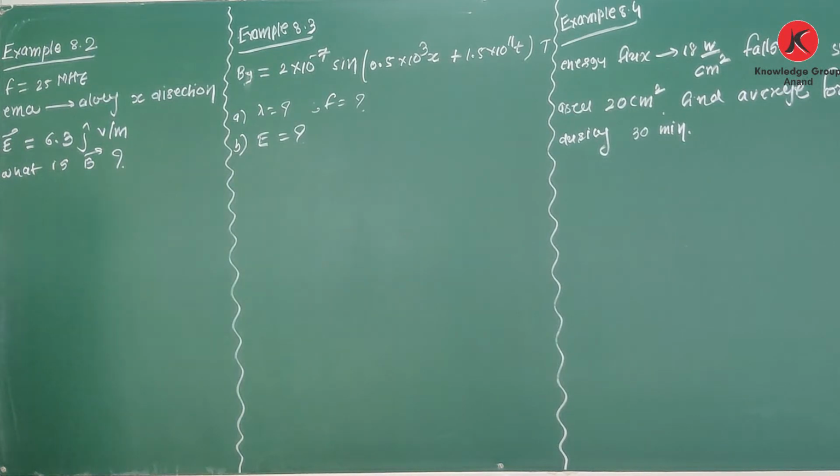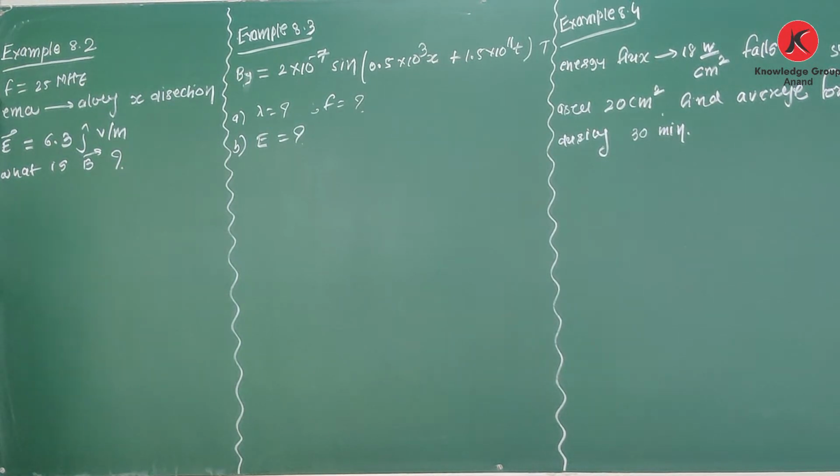Now next question, example 8.2. Electromagnetic waves having frequency f equal to 25 megahertz are propagating along the x direction. Electric field at a point is given by 6.3 j volt per meter, meaning the electric field is in the y direction. At that point, what is the magnetic field?